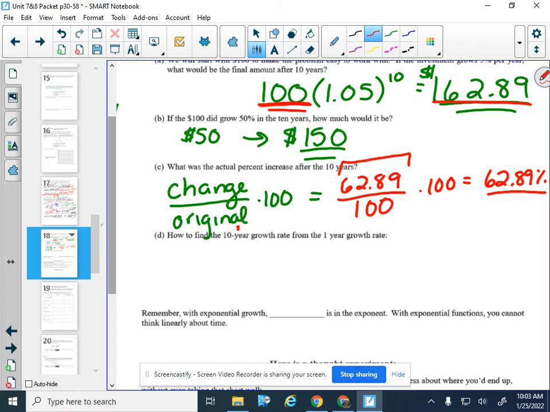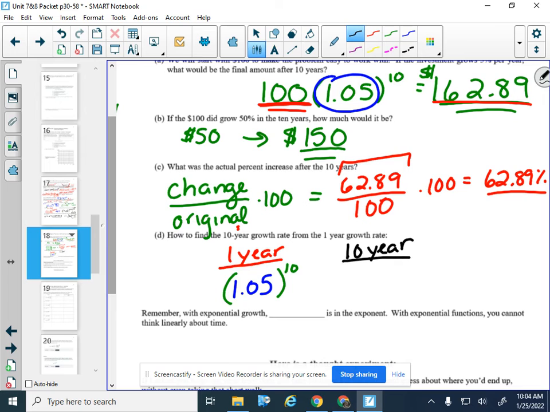Now, there is a way to actually figure this out. Our $100 made it almost kind of obvious. But to convert between years, we can't just multiply, and we'll talk about why in a second. I have to take the 1 year base. My 1 year base is the 1.05. And I don't multiply it because time is not multiplication with exponential growth. Time is in the exponent. So if I raise this to the 10th, that's going to give me the 10-year growth rate.